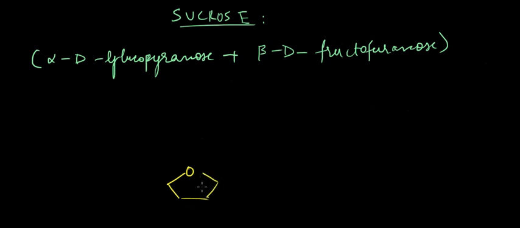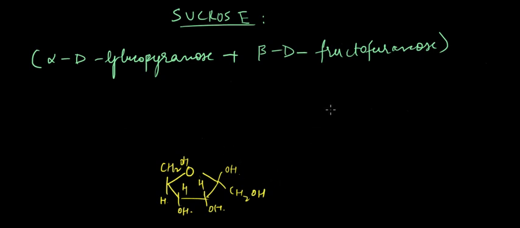So we'll have CH2OH on one side, OH on one side, and then H, OH here, HO, H here, and finally we have CH2OH coming up the plane and OH going down the plane. This is the structure of beta D fructofuranose.